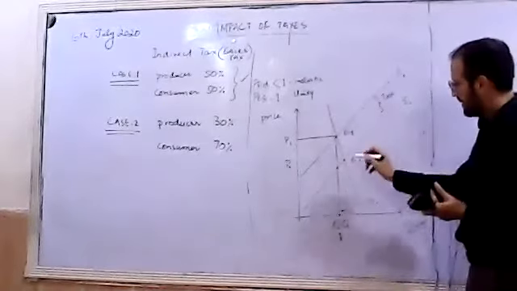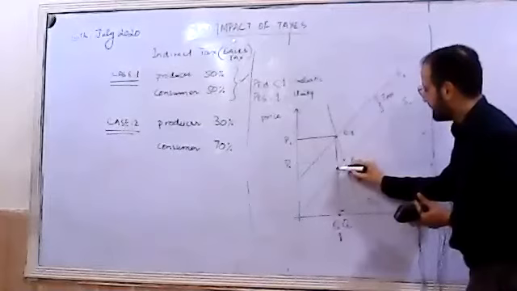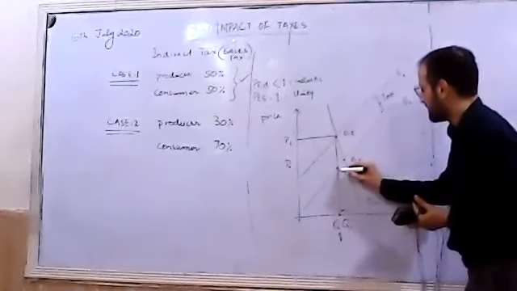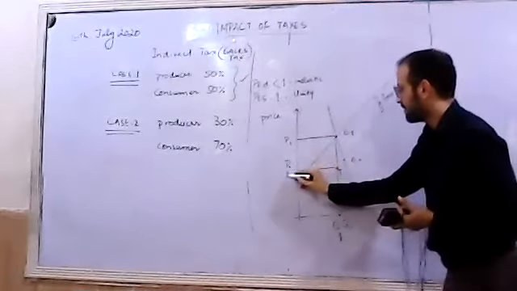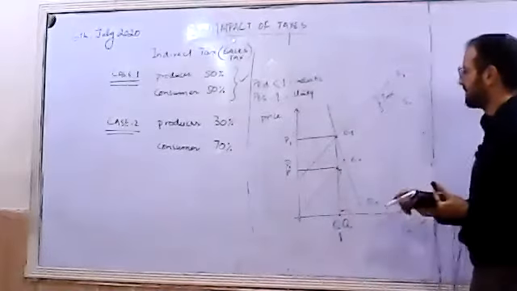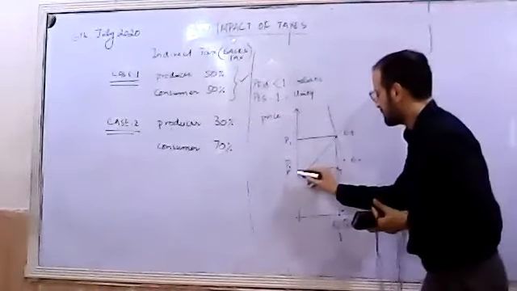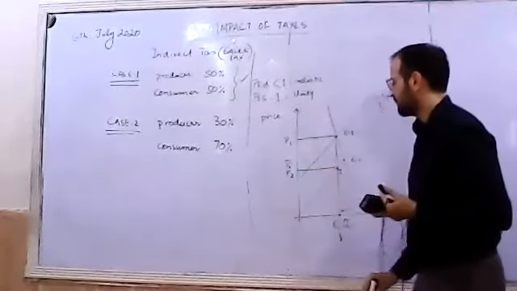Careful, students, you have to find it out. We name this point, let's say, with the letter T, and we put this point right over here next to the price axis. This gives us a new price, which is P2.